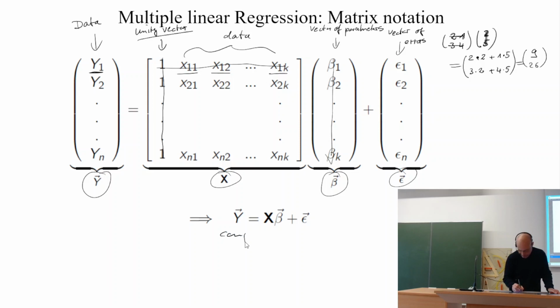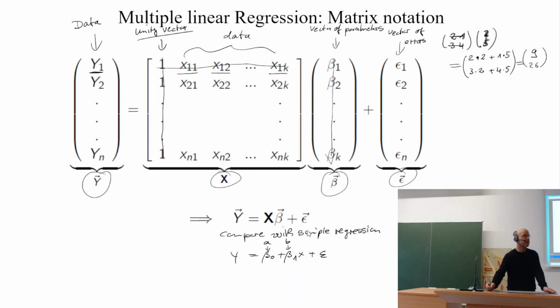So compare with simple regression, and there we had y equals beta 0 plus beta 1 times x plus epsilon, and this we can then identify with a and b from the notation we have introduced in the simple linear regression. So it looks quite similar.